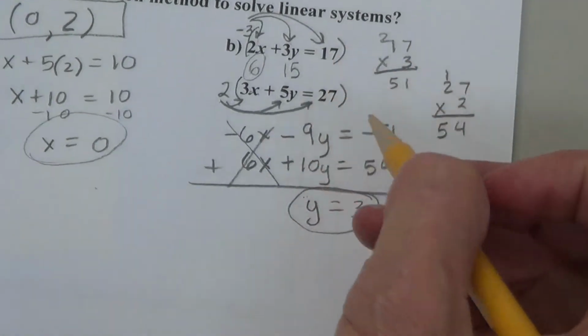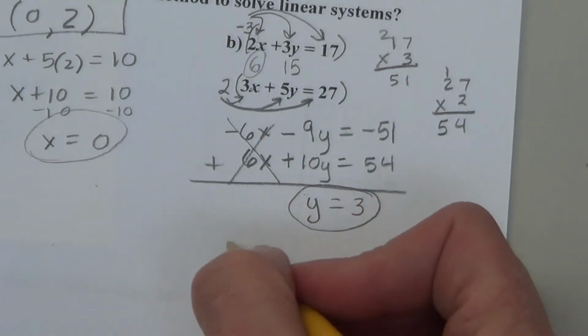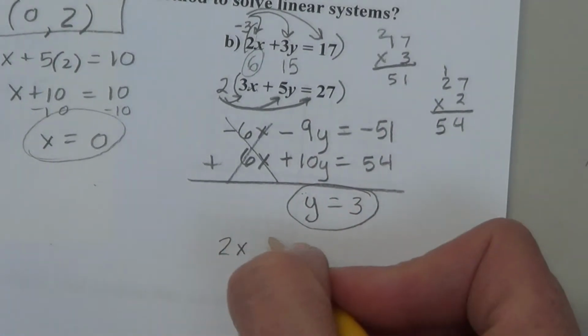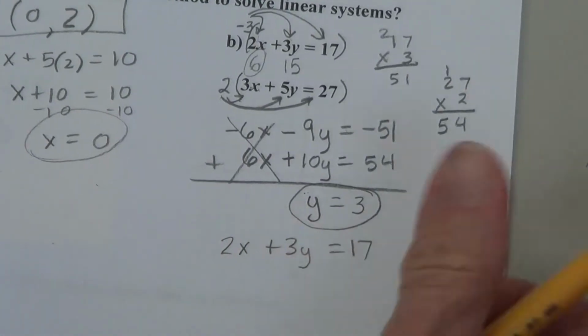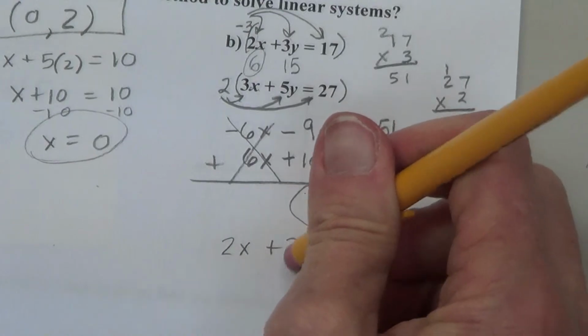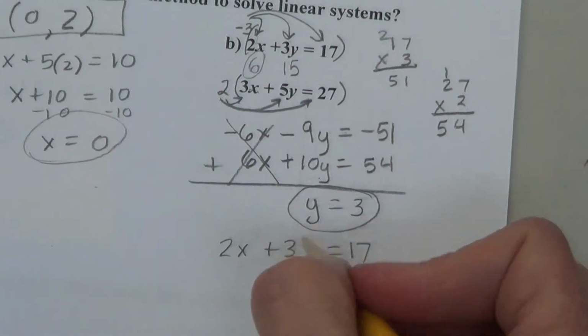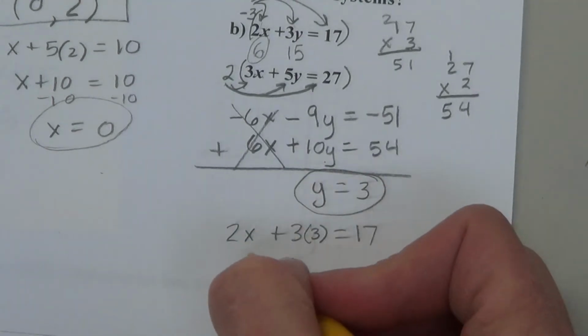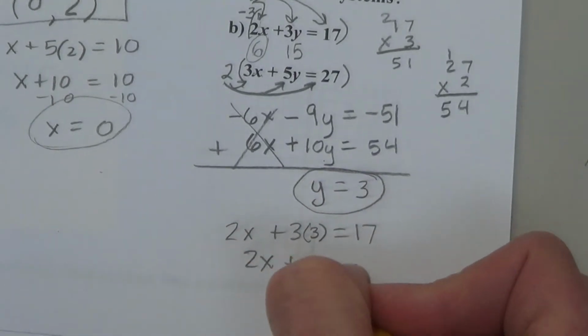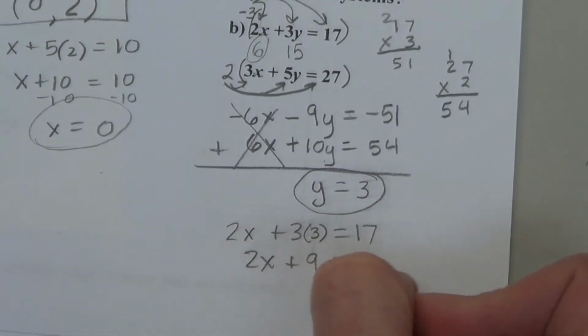Now we plug that 3 back into one of these equations. I'll just use the first one, 2x plus 3y equals 17. And I'll plug 3 in for the y value. I get 2x plus 9 equals 17.